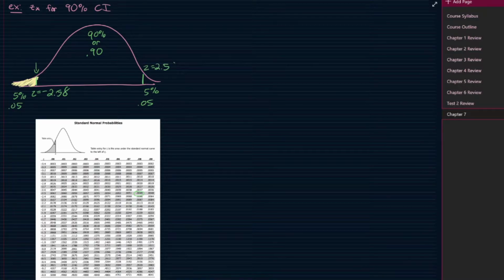Z star is the positive one. They just get essentially the magnitude of the z value. So z star is the positive one of the two. So that's how they get a z star being 2.58 when it's a 90% confidence interval.